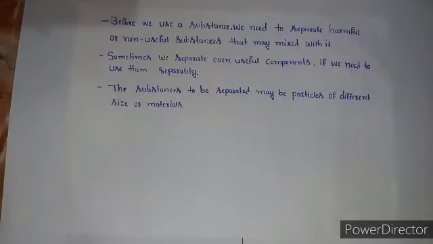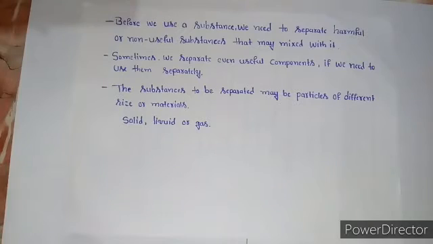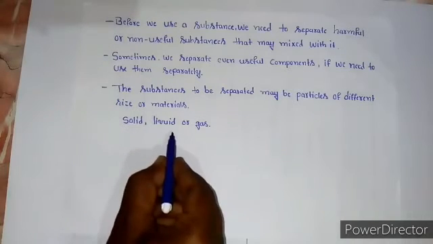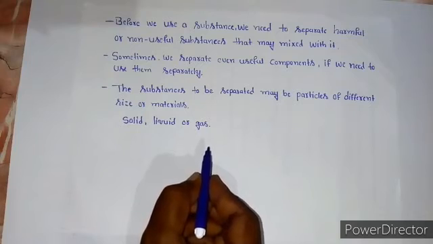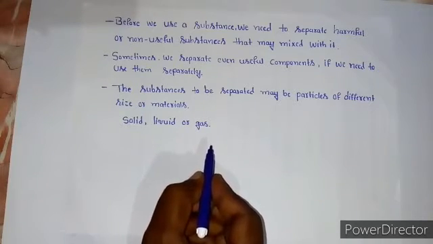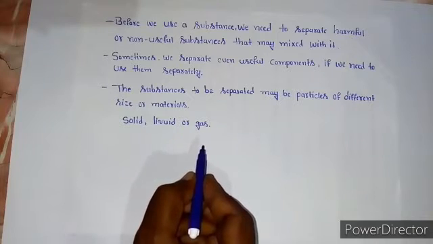The substances to be separated may be particles of different size or materials. These may be in any of the three states of matter, that is solid, liquid or gas. So how do we separate substances mixed together if they have so many different properties?